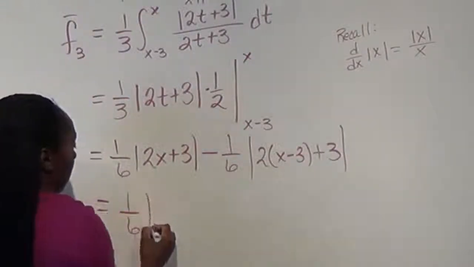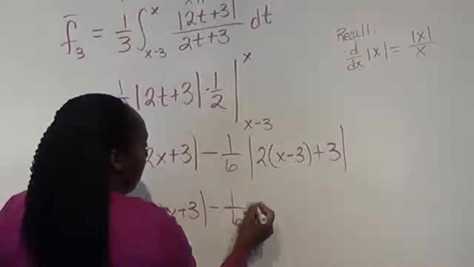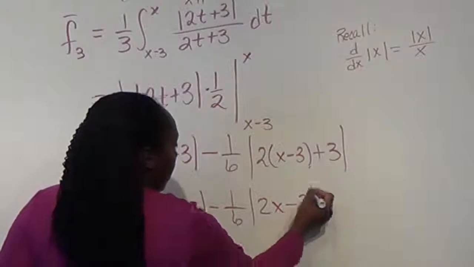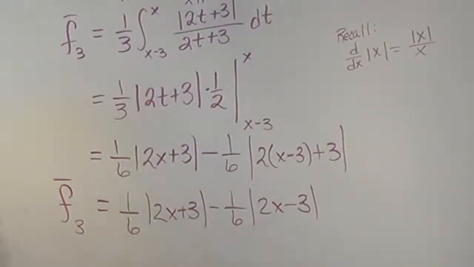So 1/6, 2x plus 3, minus the 1/6, 2x minus 6 plus 3. So there would be our 3-unit moving average.